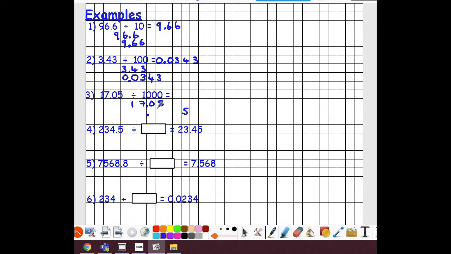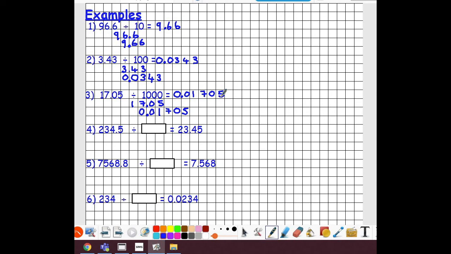The 0, 1, 2, 3, the 7, 1, 2, 3. Once you've got that end digit, we know everything else is going to follow. 1, 2, 3. Again, we're going to have to pop in 2 zeros here either side of the decimal point, as we've got empty boxes. 0.01705.